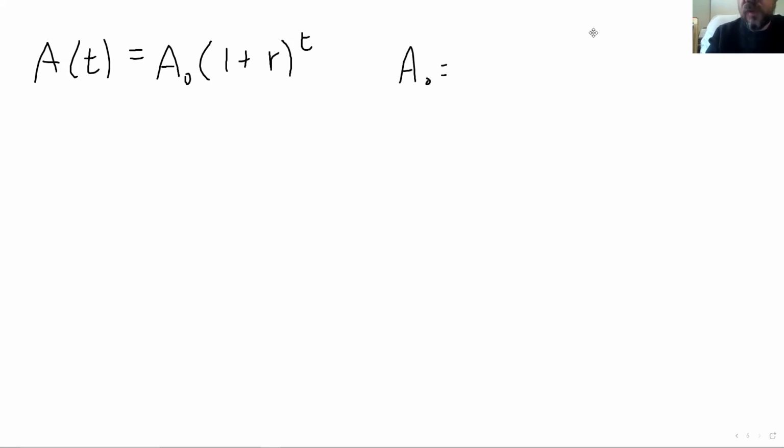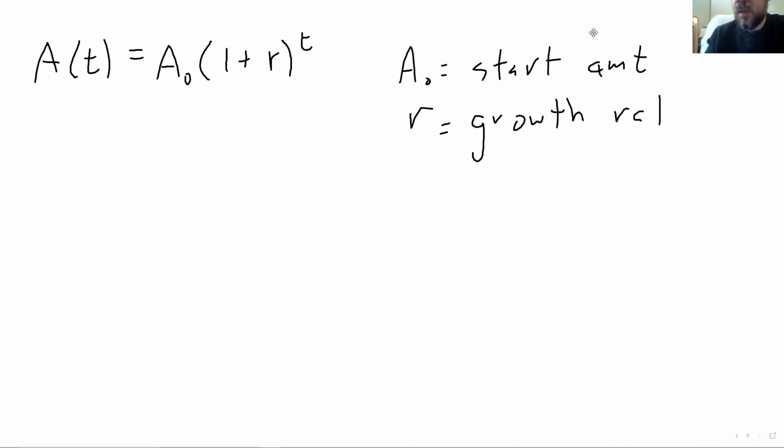A0 equals starting amount. R equals growth rate. And t equals time.